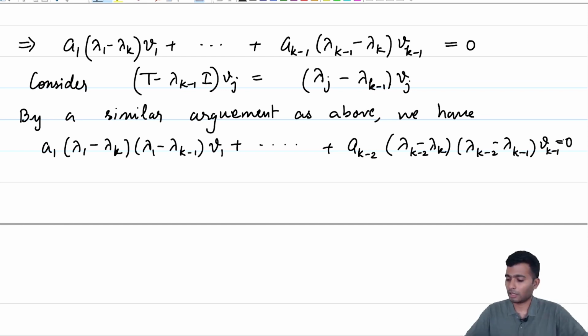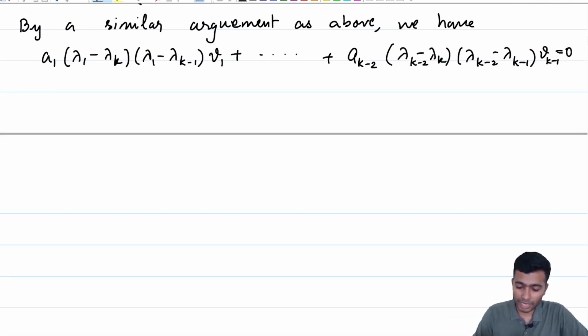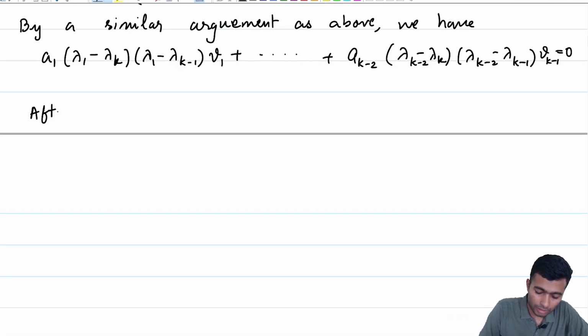Now, keep applying T minus lambda (k-2) I, lambda (k-3) I and so on after k minus 1 such steps.